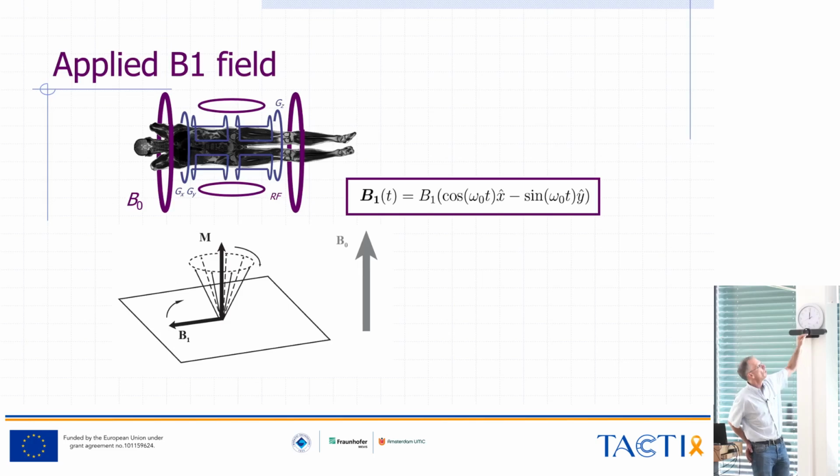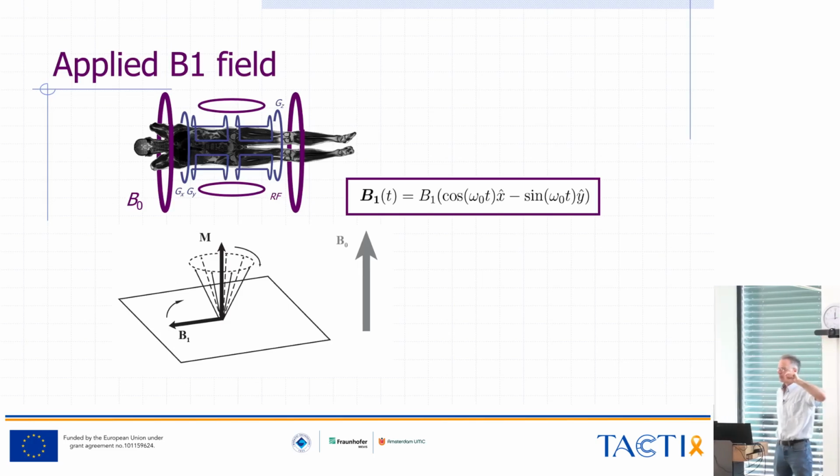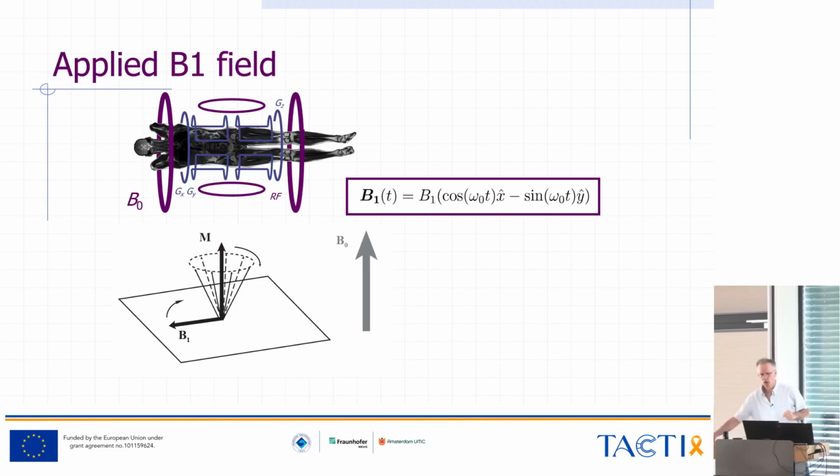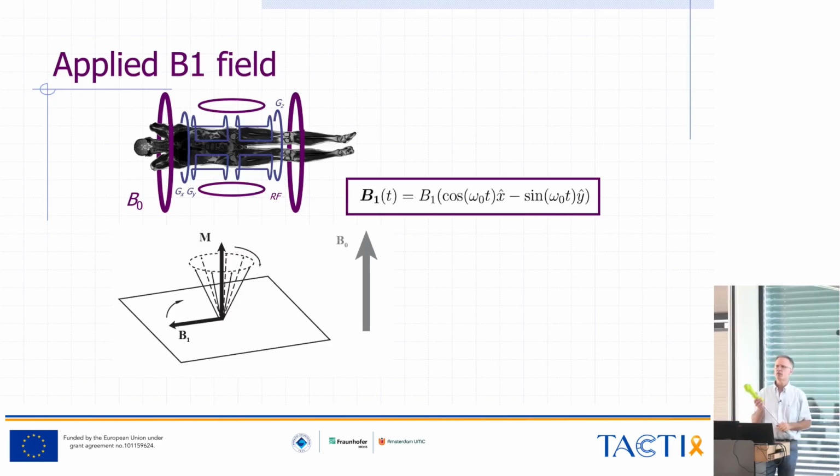What does happen to our applied RF field? We typically call the static field B0, and the RF field which we are applying we call B1. And remember our RF pulse: because our magnetization was precessing before, the pulse which we transmitted had to rotate and circulate as well.